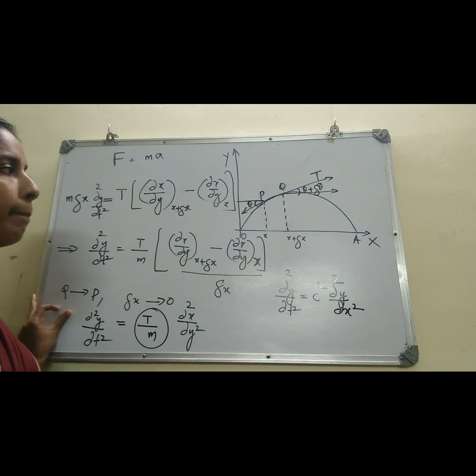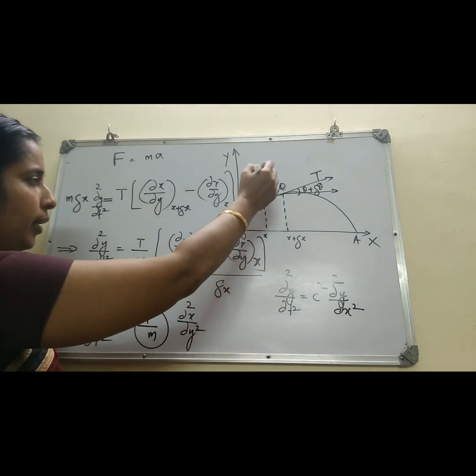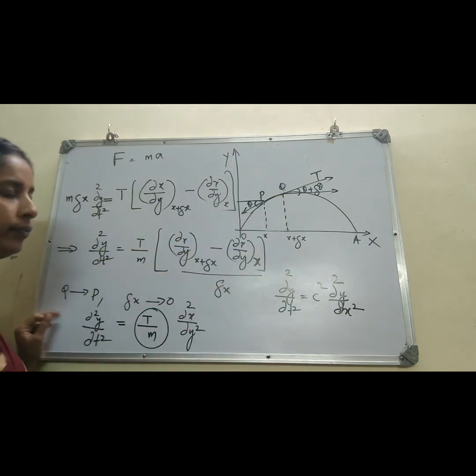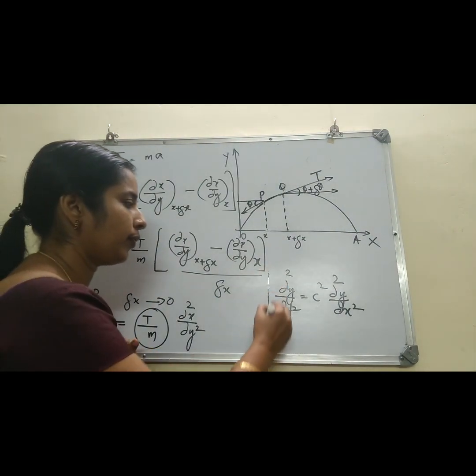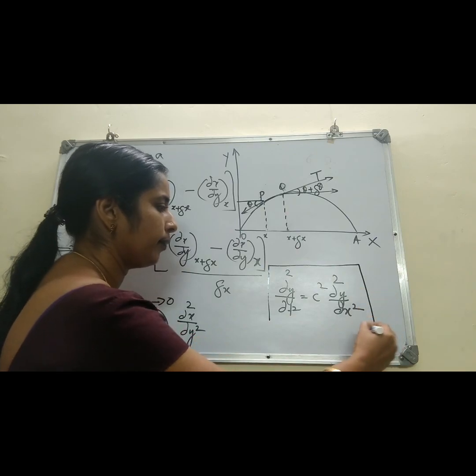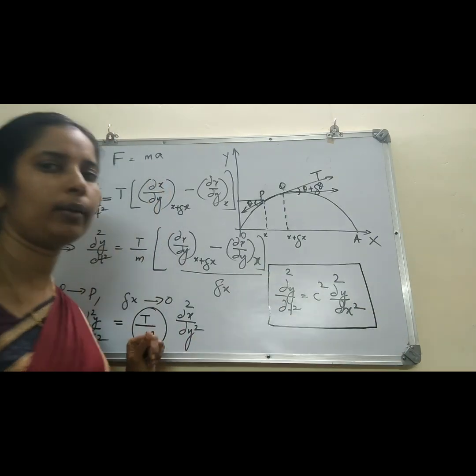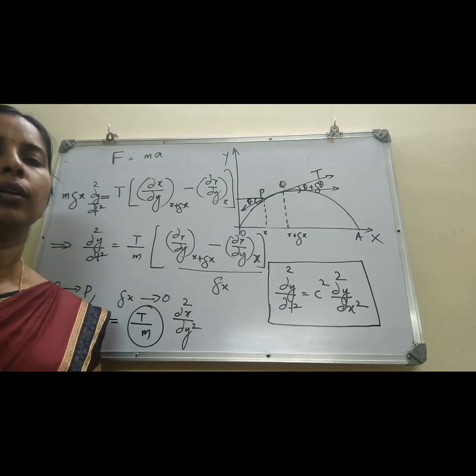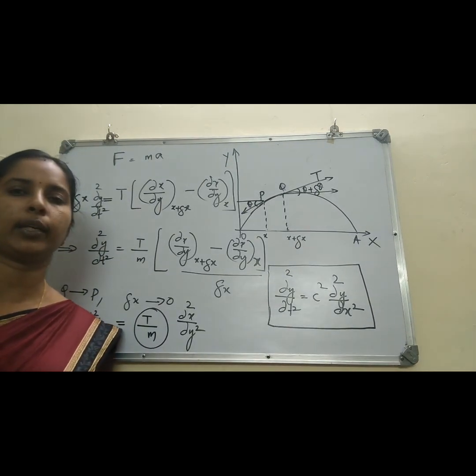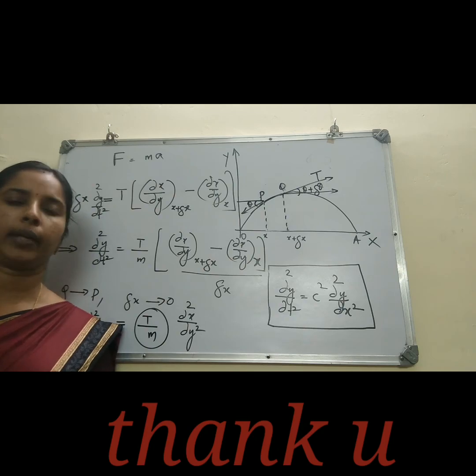This is the equation of motion of the point P. So we can generalize, this is the equation of motion of the string and it is known as the one-dimensional wave equation. So the one-dimensional wave equation is ∂²y/∂t² = c² ∂²y/∂x².